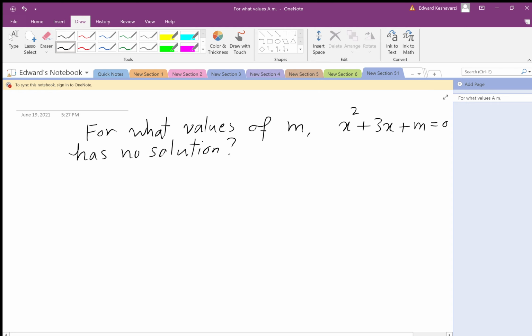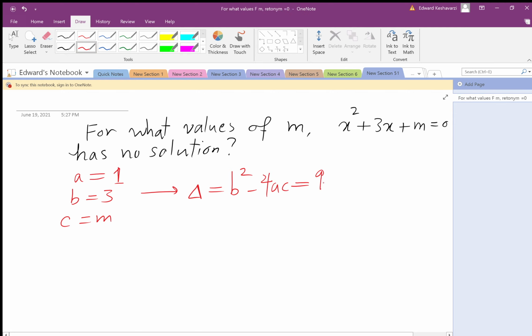We already discussed that in order to have no solution, delta has to be a negative number. Therefore, let's set up delta. First, a equals 1, b equals 3, and c equals m. Therefore, delta is going to be b squared minus 4ac. b squared is 9, minus 4 times a times c, which is m.